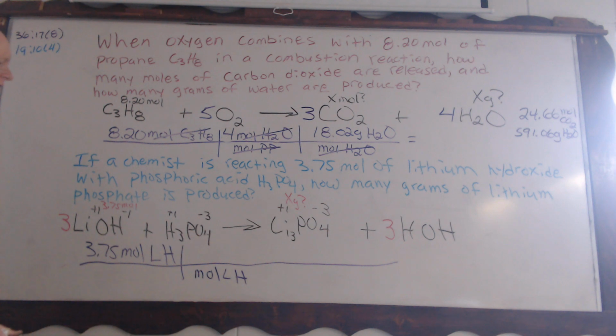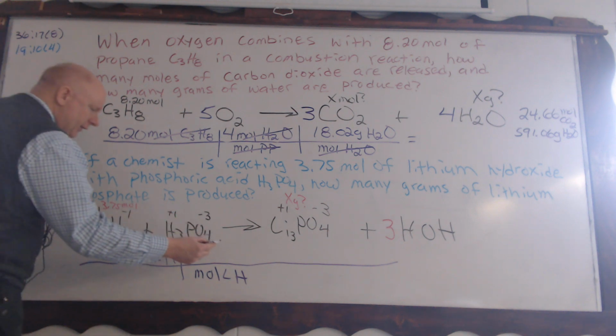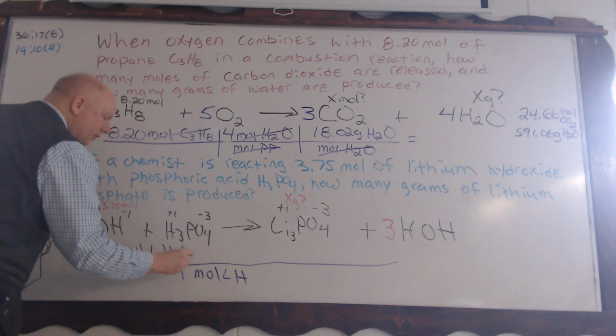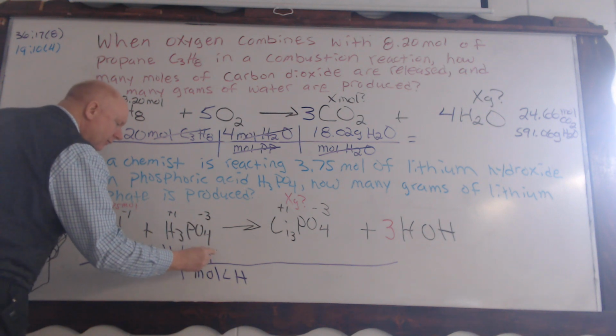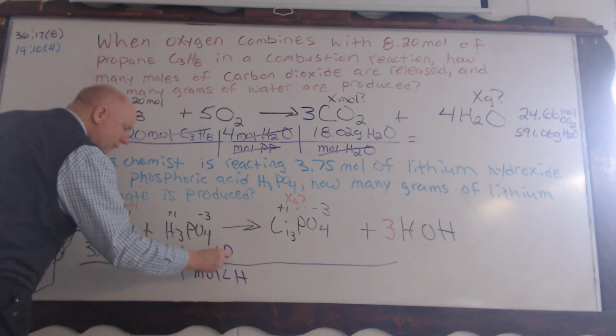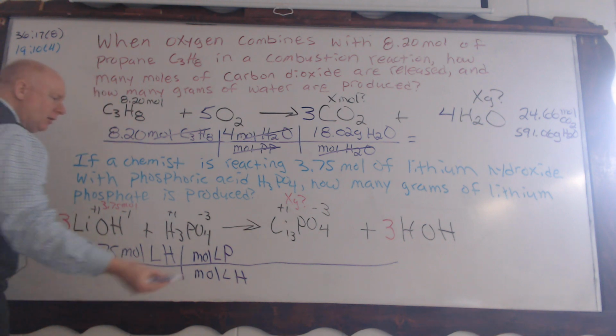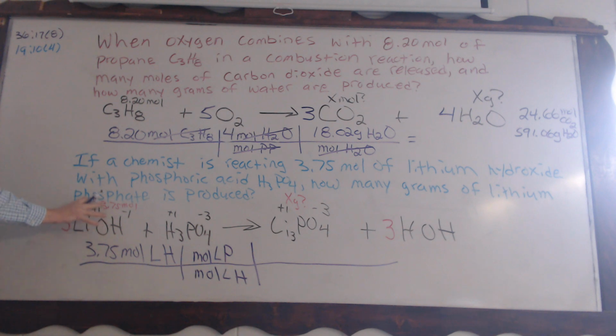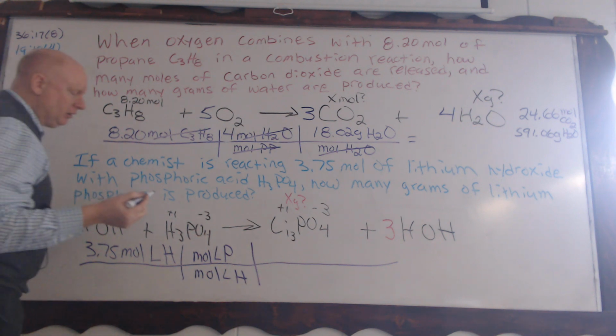How many moles of lithium phosphate are there? There's just 1. We've got a mole over a mole, which means come back to your equation, and we need a 3 on the top or the bottom. It would be easy to make that mistake.